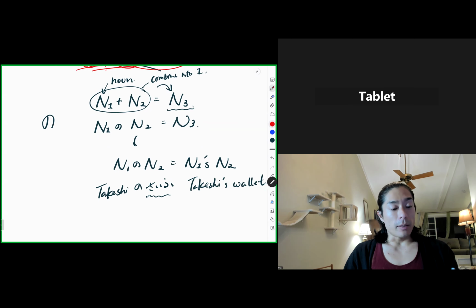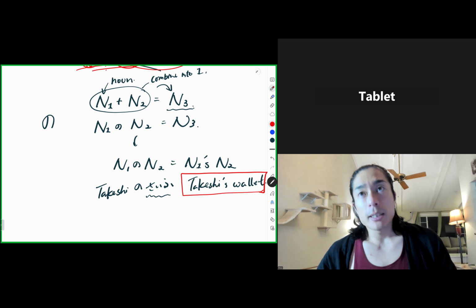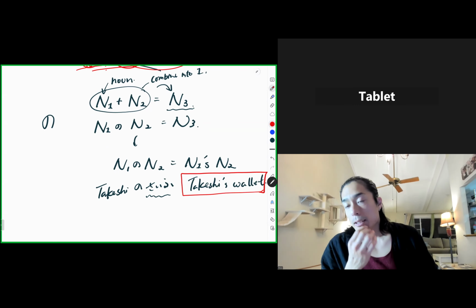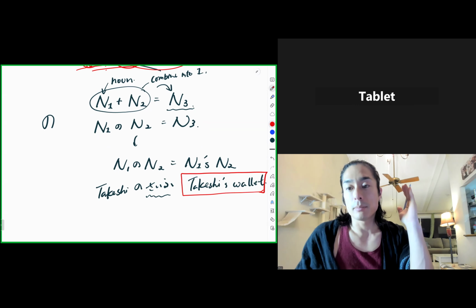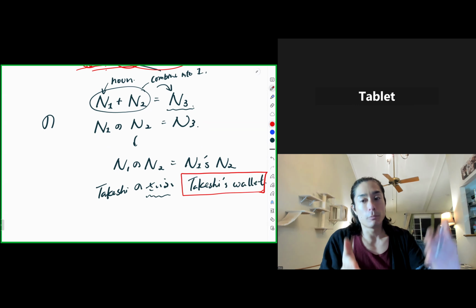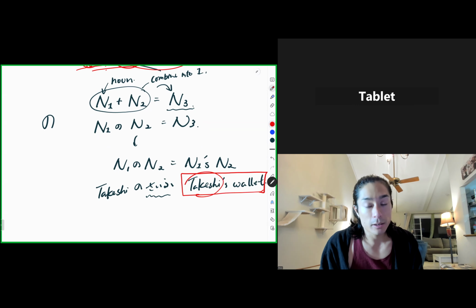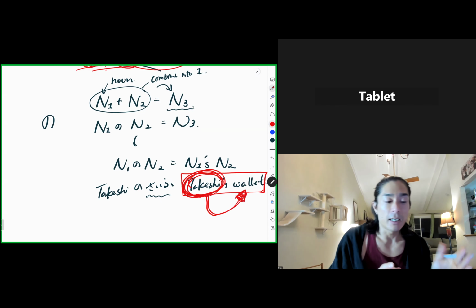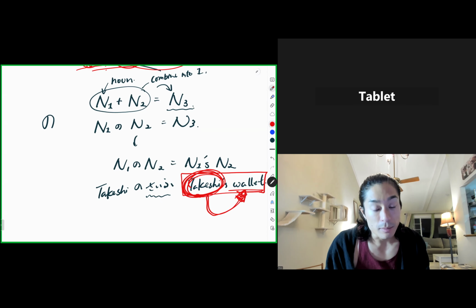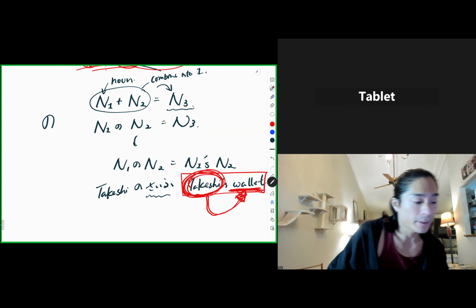This is what I mean by one noun. Okay, Takeshi's wallet. When I say this, is it talking about Takeshi or is it talking about the wallet? It's basically talking about the wallet, right? Takeshi is just extra information about the wallet. So even though Takeshi is a noun, it basically became like a helping noun to the main noun, which is wallet. Okay.